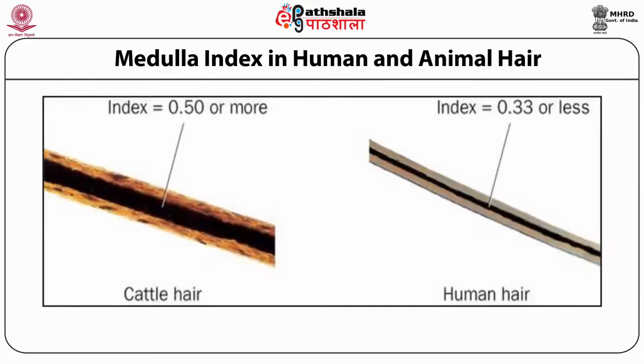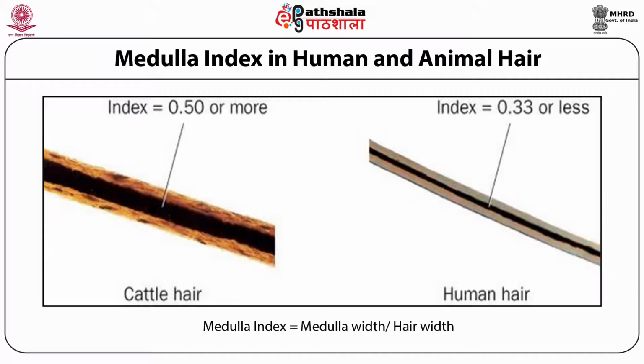The presented diagram is showing you the differentiation in human and animal hair on the basis of medullary index. Medullary index is the ratio of medullary width to the hair width.